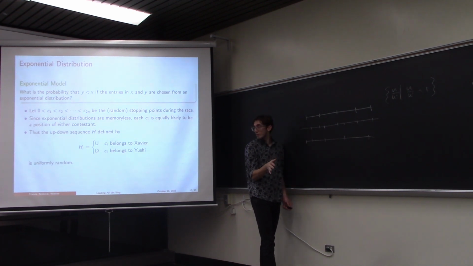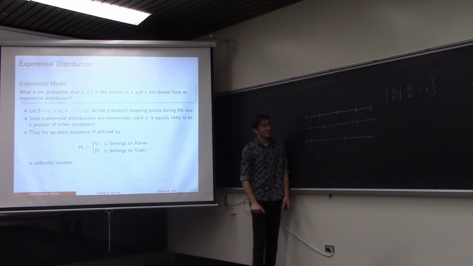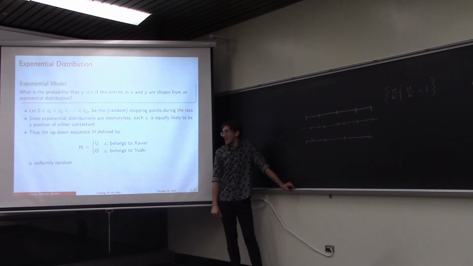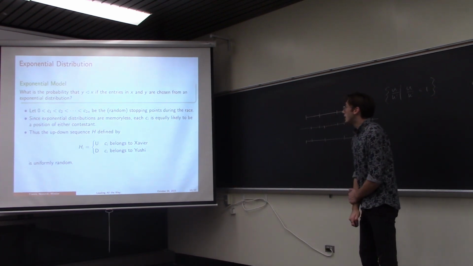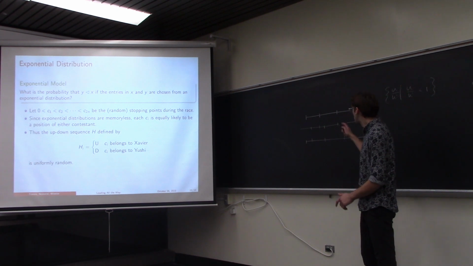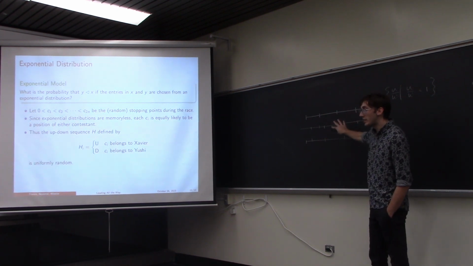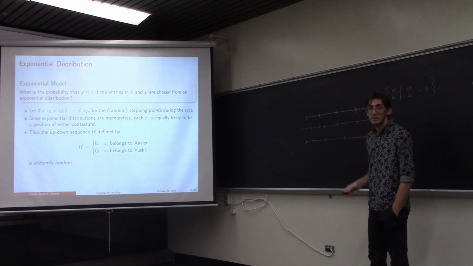Does that make sense? No. That's okay. It's just a property of exponential distributions. Okay. Do you at least get the statement, even if you don't understand why? Does everyone understand the statement?